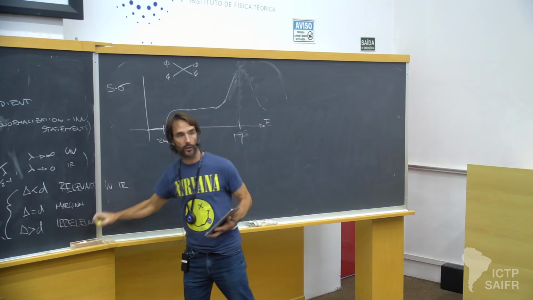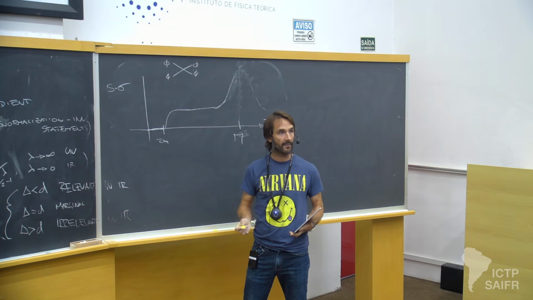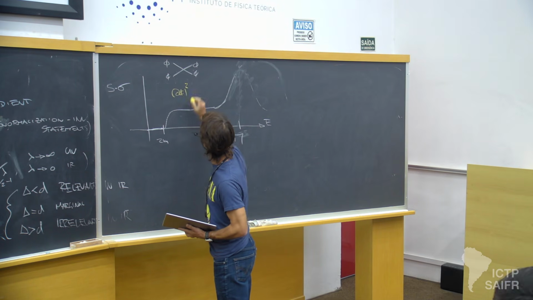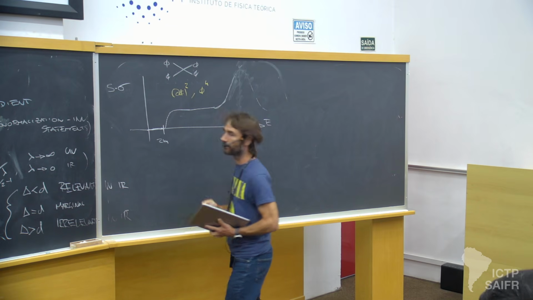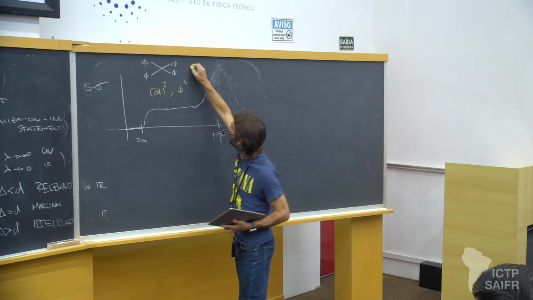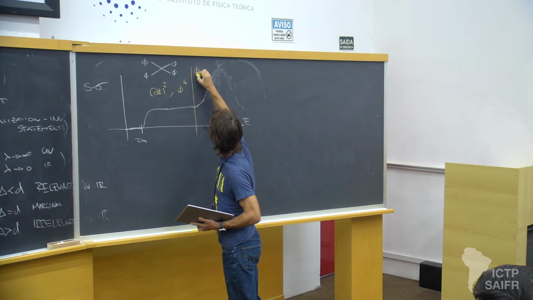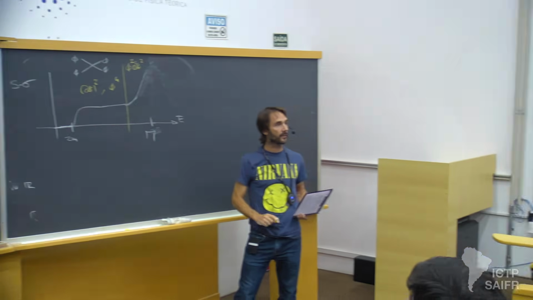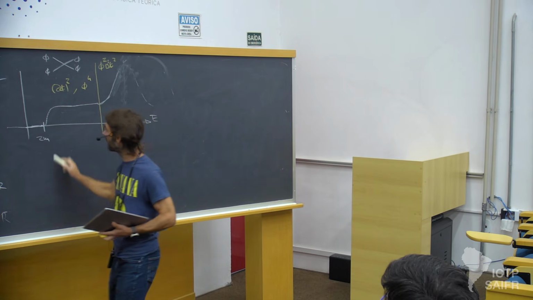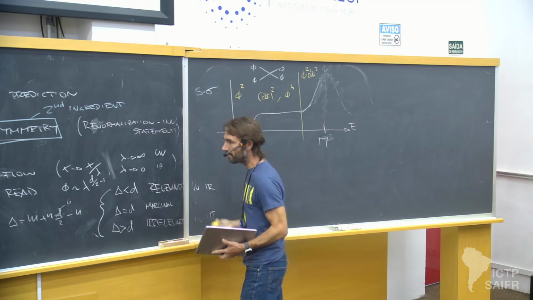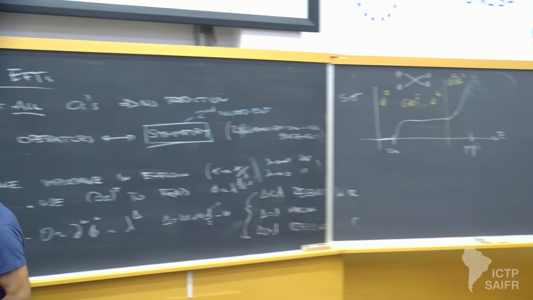So good, let me show you what it means to be relevant or irrelevant, okay? In this part, we are dominated by the kinetic term and by the interaction, phi to the 4. It's a constant, you can compute it. In here, we start being dominated by phi squared, box squared, phi squared. It increases with energy, okay? And instead, down here, interestingly, we are dominated by the most relevant operator, phi squared.